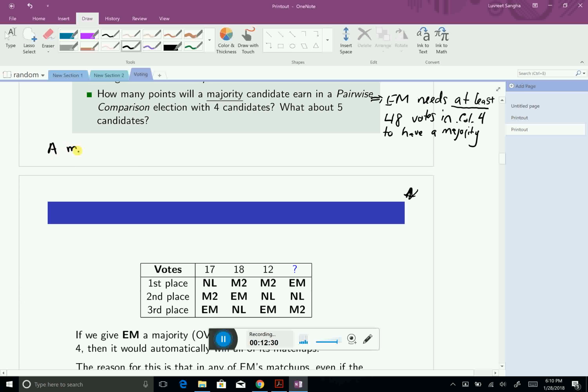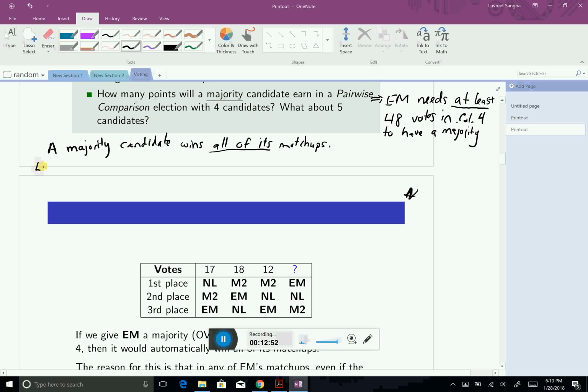A majority candidate wins all of its matchups.